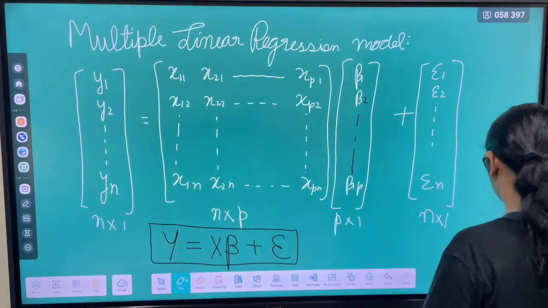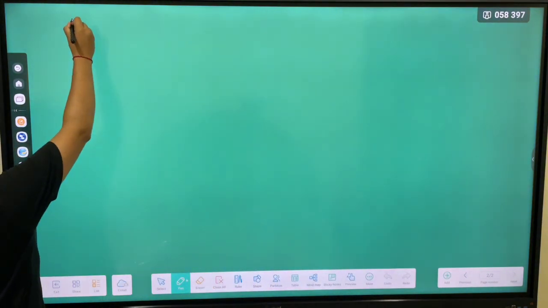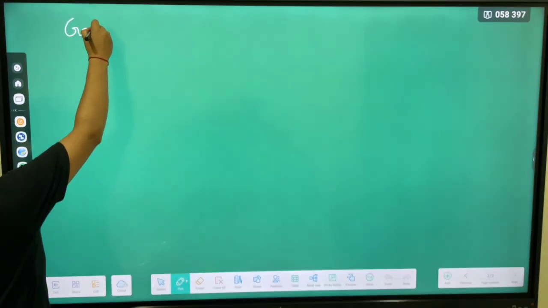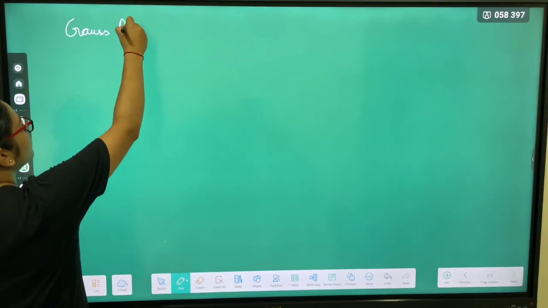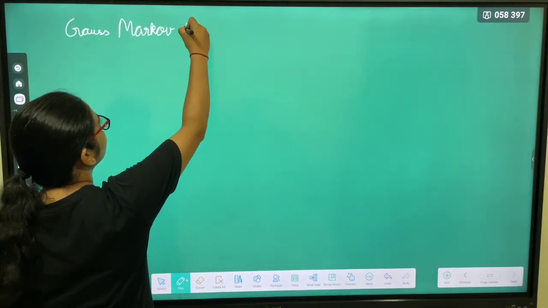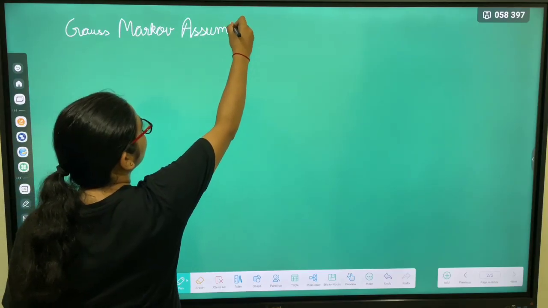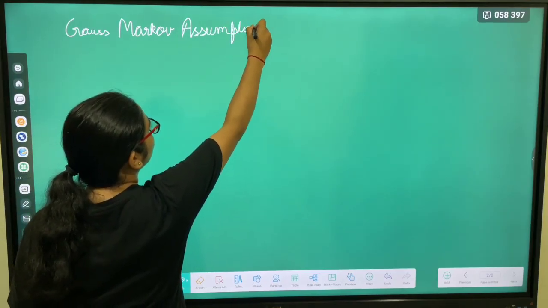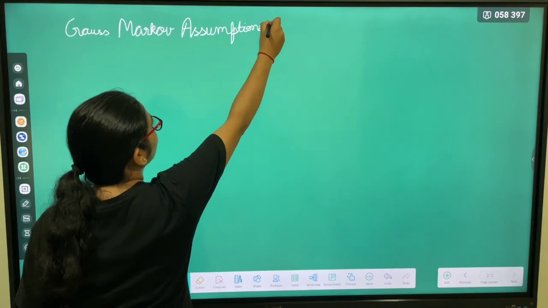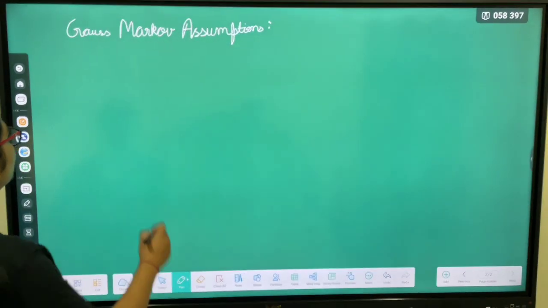Now again, we will see some assumptions, which are the Gauss-Markov assumptions, in this as well. So what does the Gauss-Markov assumption say?